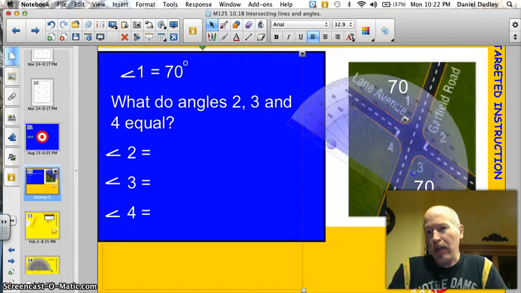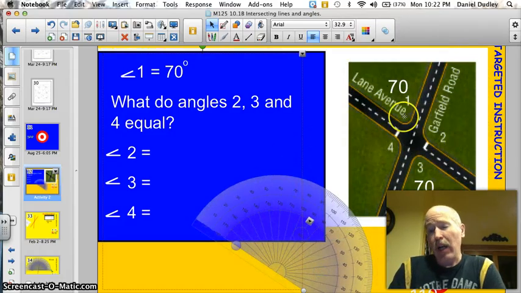So if you just take 180 and you minus 70, you're going to get 110 degrees.